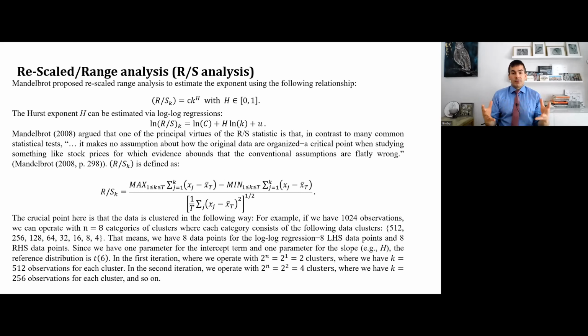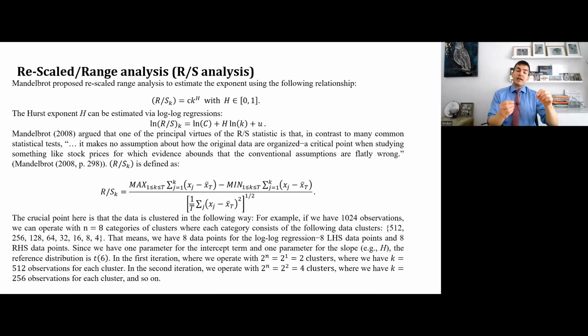So how does it work out? We have a cluster group K, and for each cluster group K, we have different clusters depending on the size of the cluster group. For each given cluster group K, and each cluster within this cluster group, we demean the return divided by the standard deviation.